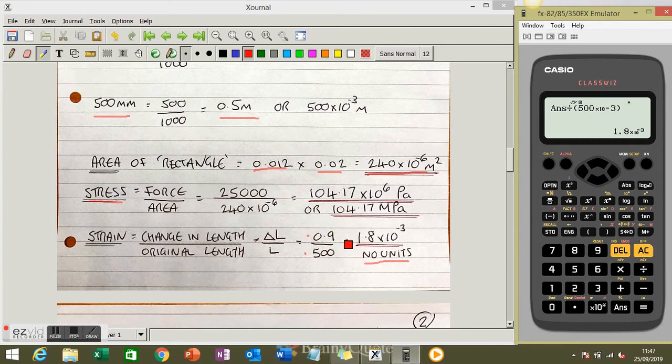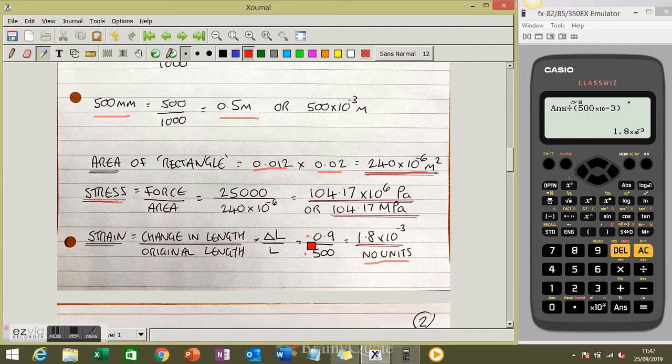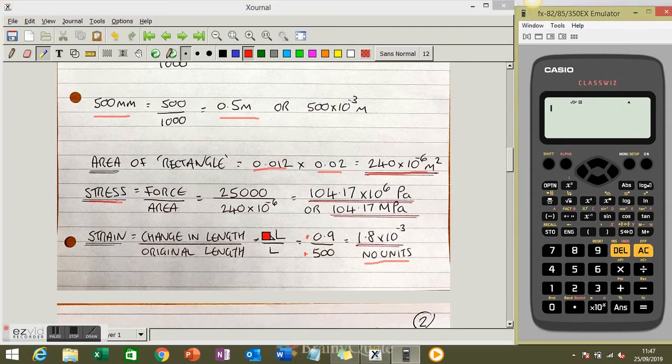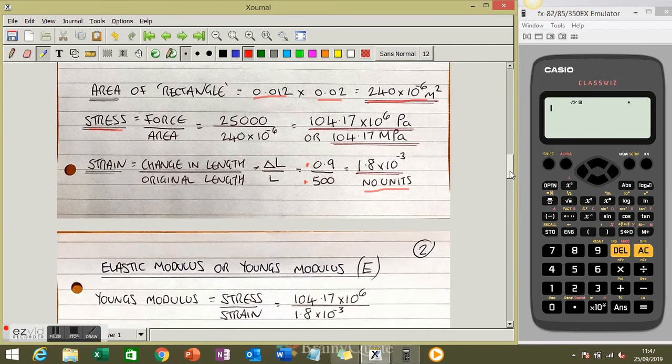Equals gives me the same answer. As long as they're both in the same unit, you can be in miles, kilometers. Perhaps it's best to get into the habit of converting into meters, but as long as they're both in millimeters or both in meters, it's a length over length. That's our strain, very small strain.